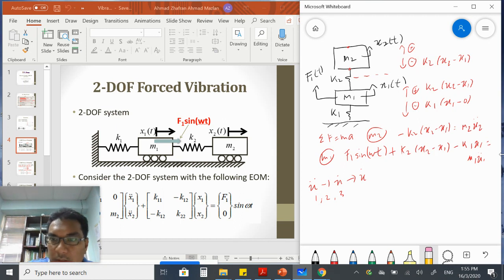Basically this is the part of k11, which is actually equal to k1 plus k2. k12 is equal to minus k2, and k22 is actually equal to k2. So this is basically the detail form, this is the simplified one, and this is the detail one.